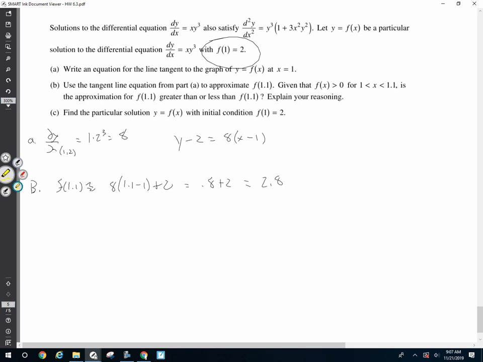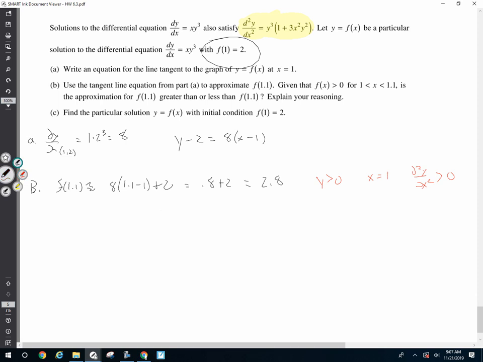Well, they gave us the second derivative. Very nice of them to give us our second derivative. If f of x is greater than 0 when x is between 1 and 1.1, so y's are positive when x is right around 1, if I plug in positive y's and positive x's, my second derivative must be positive.